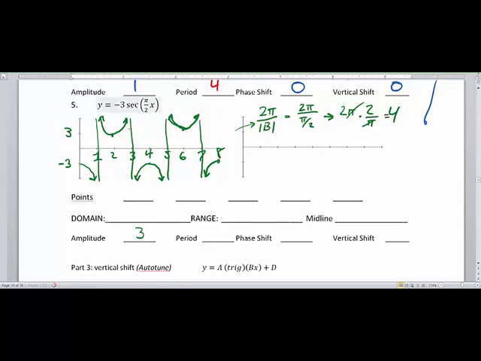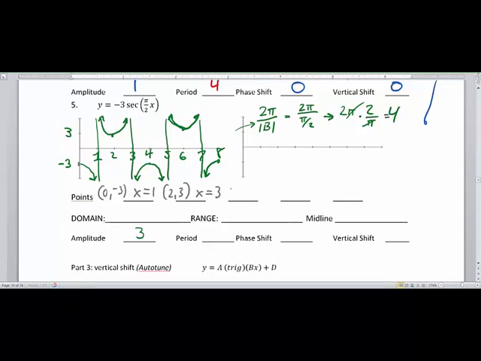Let's do our points from left to right. It looks like our first point here is going to be at the y-intercept. This is (0, -3). Then we're going to have x is equal to 1. Then the next point, which is (2, 3). Then the next is x is equal to 3.